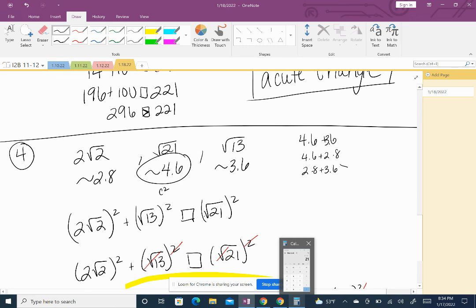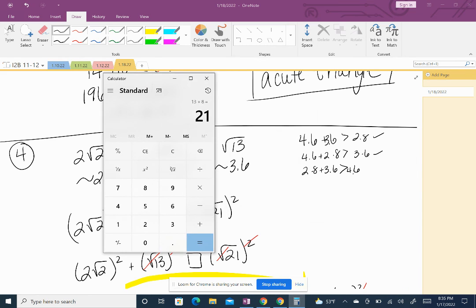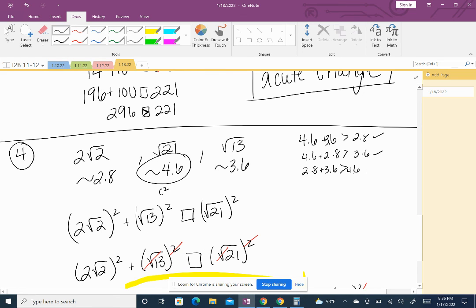The biggest one is making sure that this last one is, because no matter what, this is always the bigger number. So you know that's automatically going to happen. Okay, so 2.8 plus 3.6 gives us 6.4, which is bigger than 4.6, so it can be a triangle.